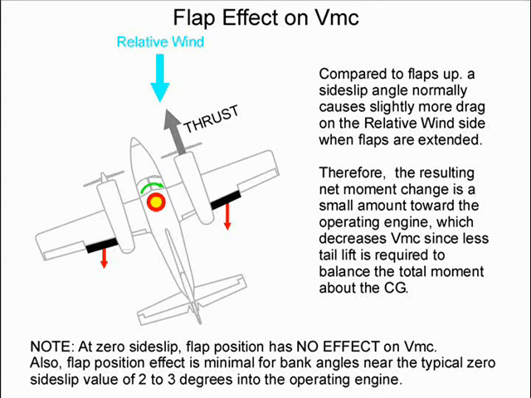Like the landing gear case, at zero side slip, flap position has no effect on VMC. Also, flap position effect is minimal for bank angles near the typical zero side slip value of 2 to 3 degrees into the operating engine. Again, the actual effect of flap extension on a particular airplane requires in-flight measurement.